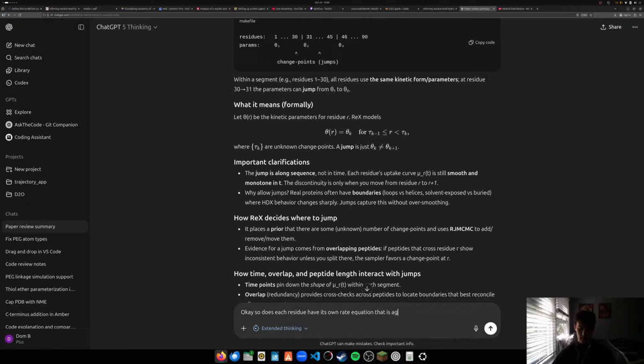That is aggregated across the peptide, or do we first have a rate equation for the peptide and then find out what residue changes with the jump? Was it jump point?